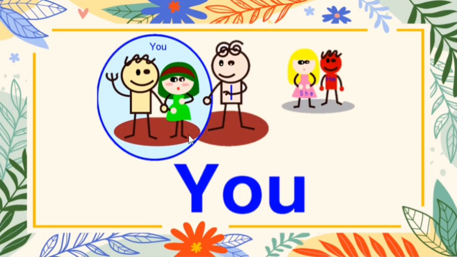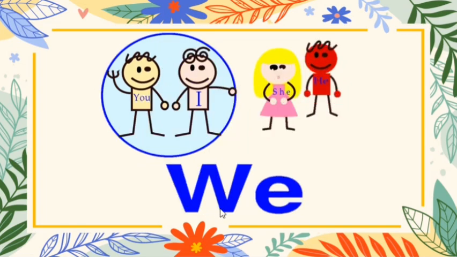For example, you are a good child. You are good children. So you is same with singular as well as plural. And when one or more person is with me, then I use the pronoun we. For example, we are RJ Learning Fun's fan.